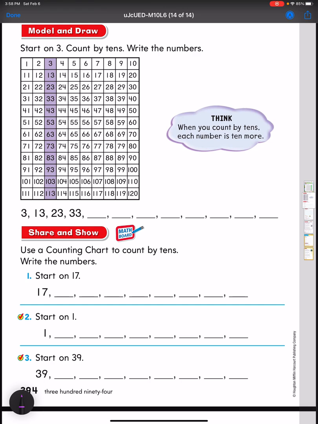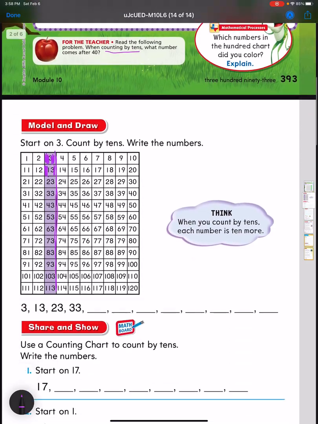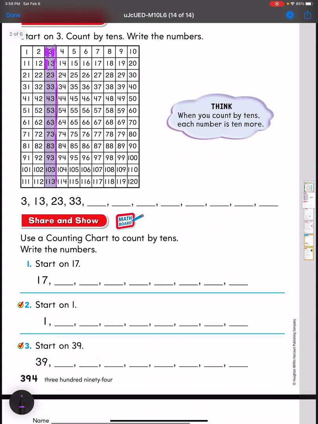So you can see that they're counting by 10. So look, the column that we talked about going down, this is what we talked about on our last page. It's a column going down, increasing by 10 each time. Same thing here.